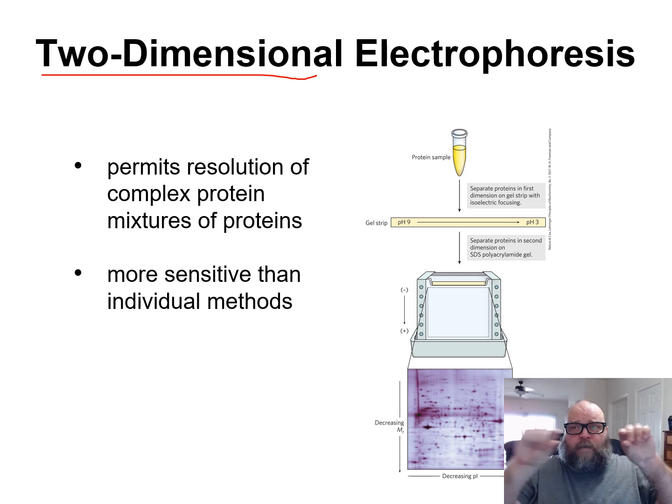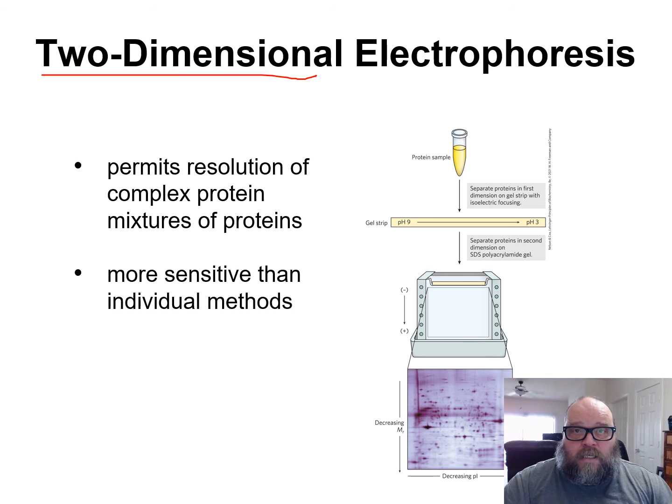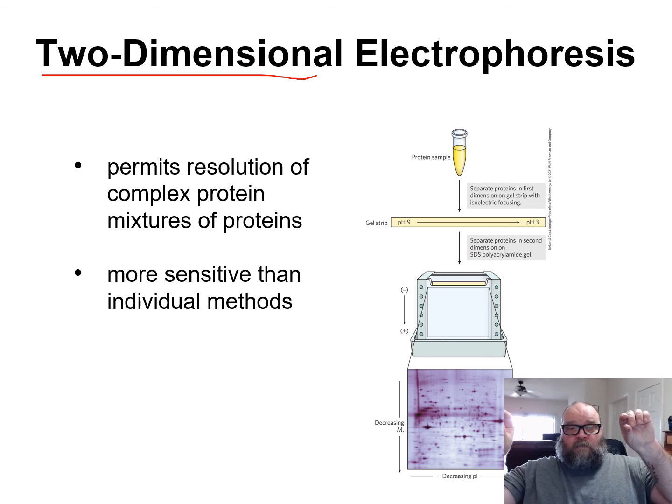Here, you're going to separate out horizontally by isoelectric point. You're going to take that strip and then you're going to put it on top of one of those SDS-PAGE gels, but a much bigger one. So you've separated out left to right based on isoelectric point.